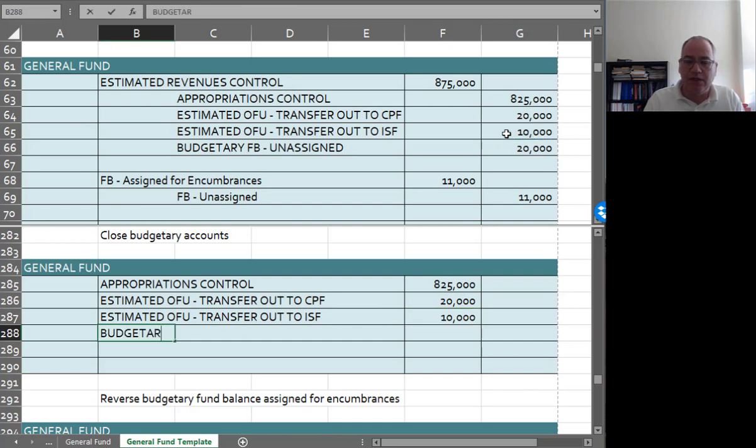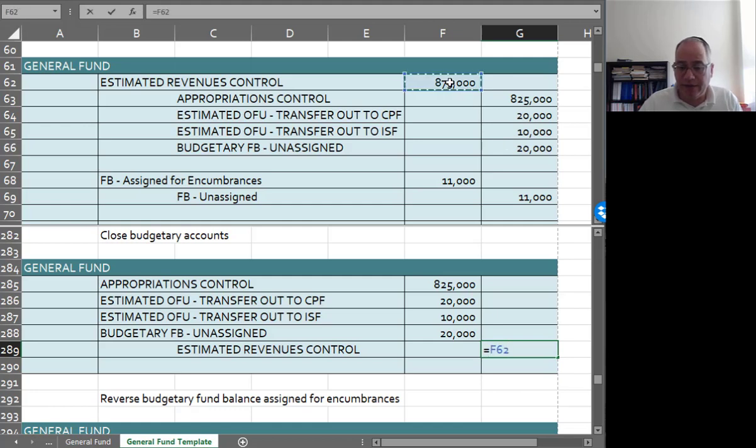I'm going to debit budgetary fund balance unassigned, which was the plug there, of $20,000. It's going to become fund balance unassigned, actually. I'm going to credit estimated revenues control for $875,000.